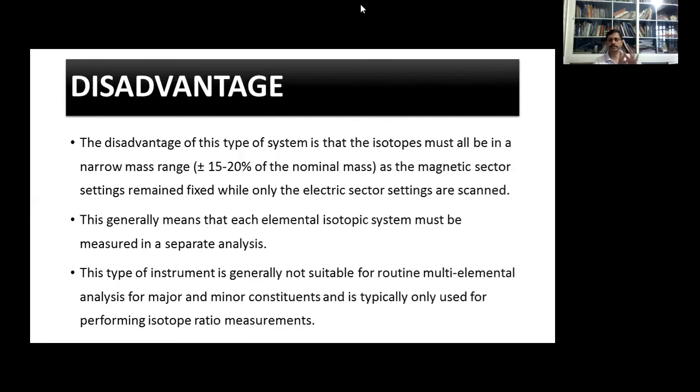In such situations only this will work, because the magnetic sector settings remain fixed, while only the electric sector settings can be changed or scanned. So this generally means that each elemental isotopic system must be measured in a separate analysis. This type of instrument is generally not suitable for routine multi-elemental analysis for major and minor constituents, and is typically only used for performing isotope ratio measurement.